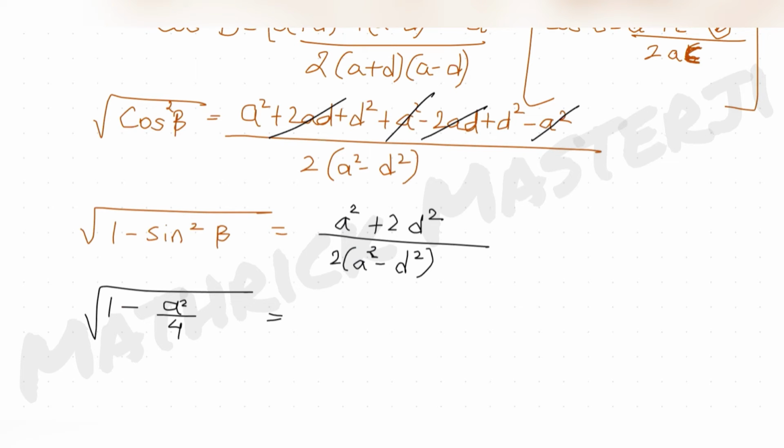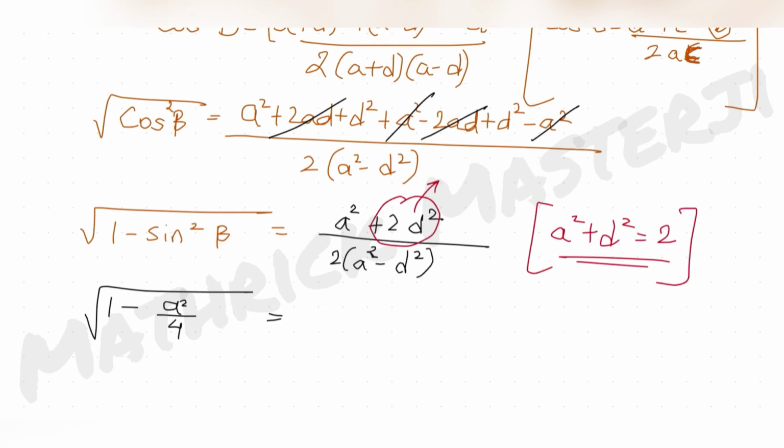So from the previous equation, we know a square plus d square is 2. So if I use that idea, I can split this 2d square as d square plus d square. So a square plus d square, I can write that as 2. So 2 plus d square is equals to 2a square minus d square.